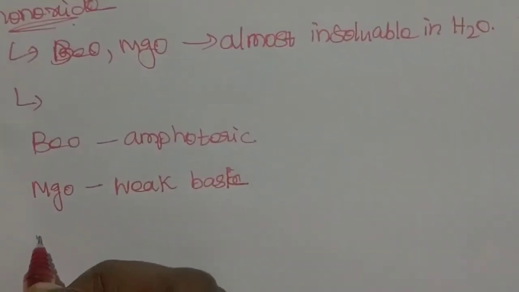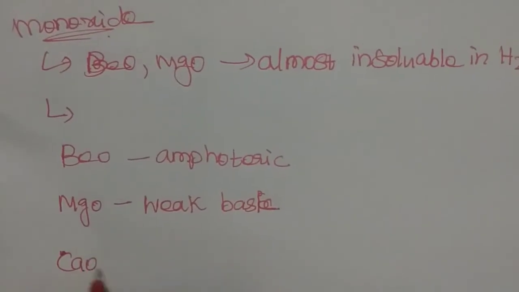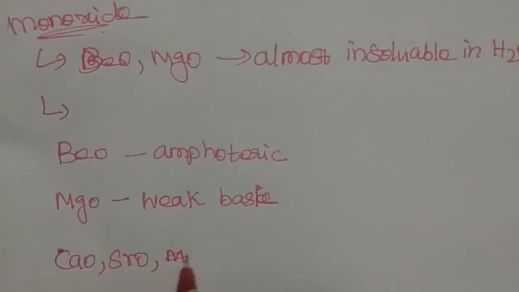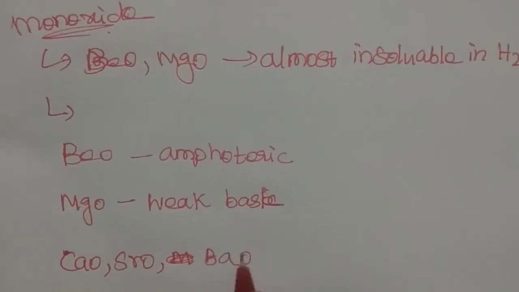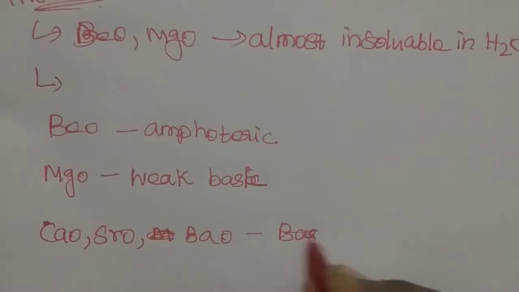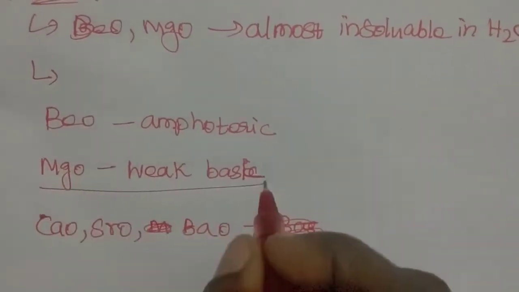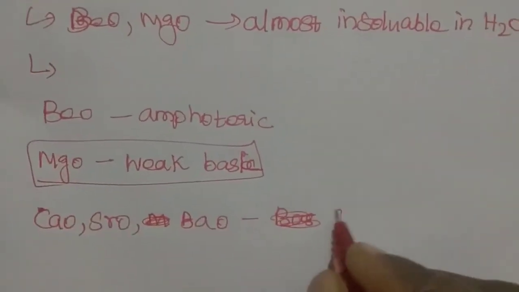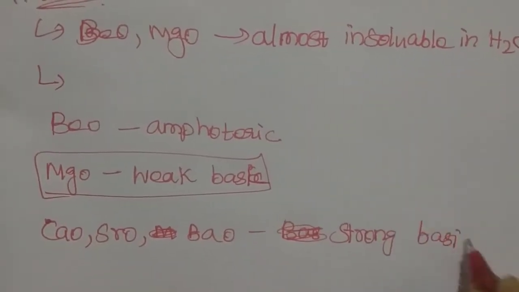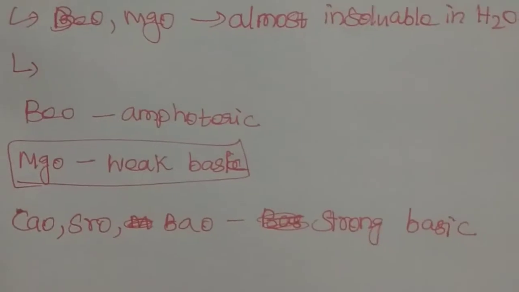And other oxides like calcium oxide, strontium oxide and barium oxide are basic, that means strong bases. The magnesium oxide is a weak base, the others are strongly basic in nature.